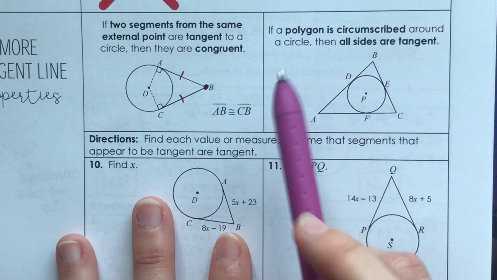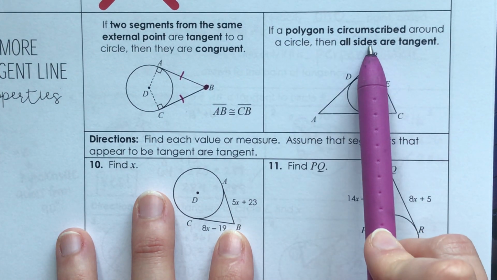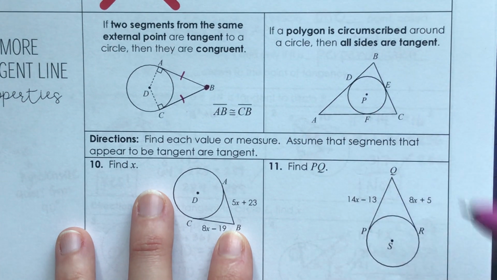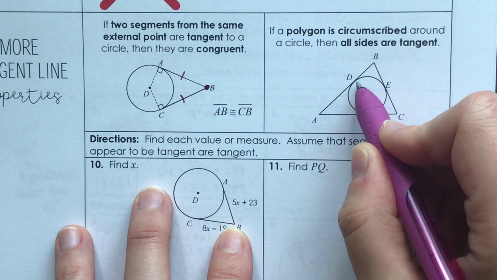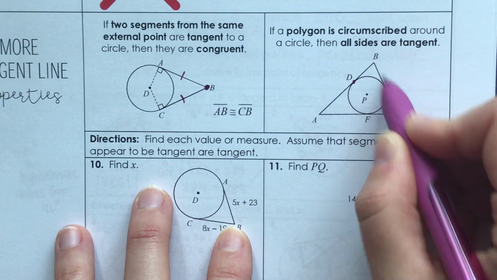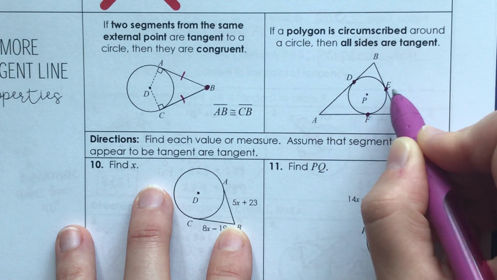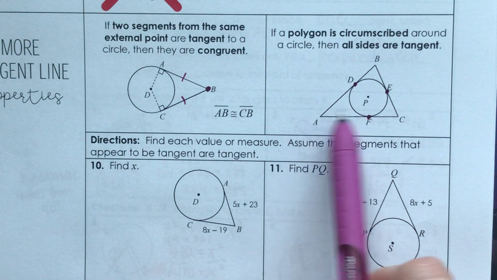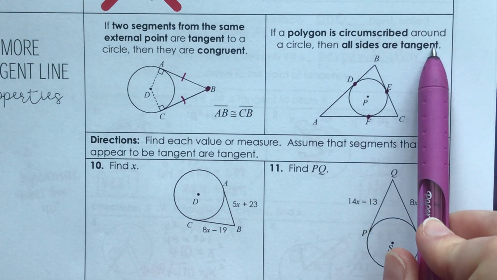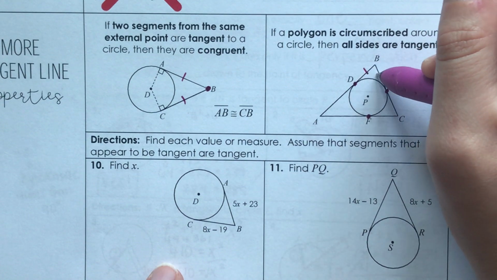Number 2, if a polygon is circumscribed around a circle, then all sides are tangent. So that means if I have a triangle and the circle touches the 3 segments at 3 different points, it has to touch at 3 points of tangency, that means all 3 of these sides are tangent. So that would mean DB and BE are exactly the same.